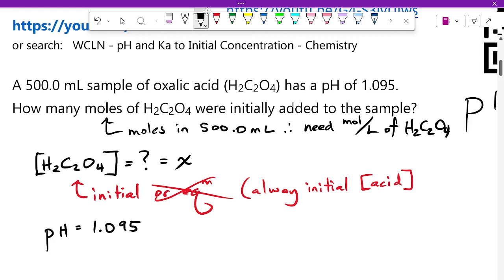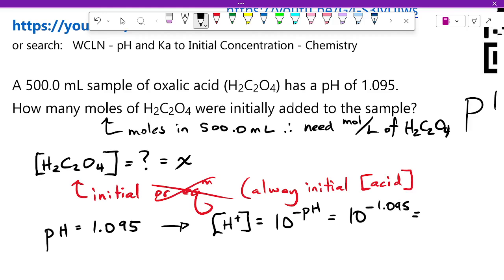We should transfer it to H. So we're going to say, okay, our concentration of hydrogen is equal to 10 to the negative pH, which is 10 to the negative 1.095, which is 12.4451.